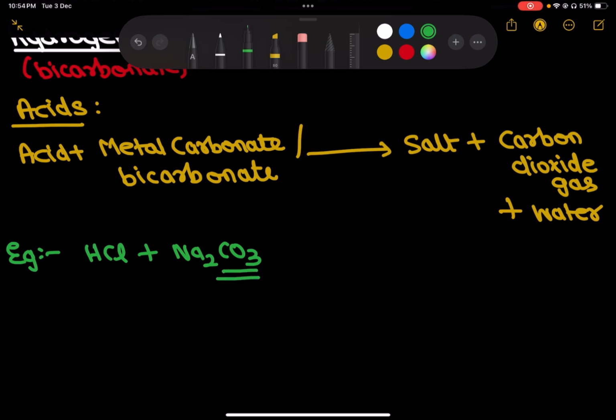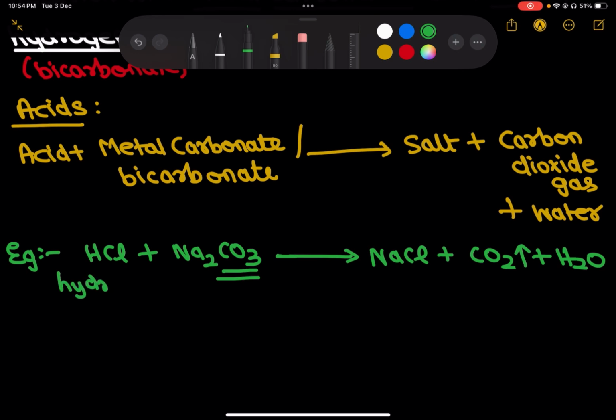There is no hydrogen in it, so that is a metal carbonate. So HCl plus Na2CO3 gives a salt. The salt is our common table salt, which is NaCl, plus CO2 plus H2O. So CO2 is evolved. So we'll write that like this. Correct? So I'll write the names: hydrochloric acid.